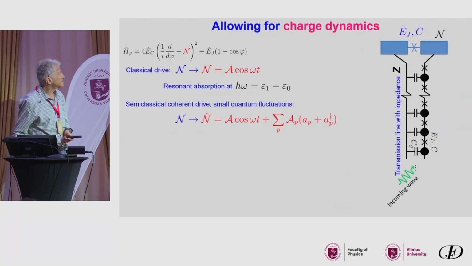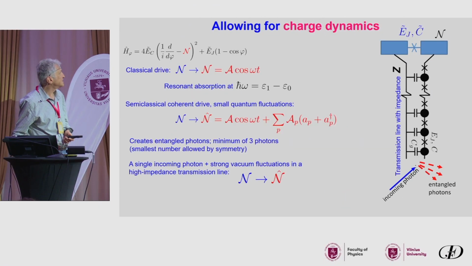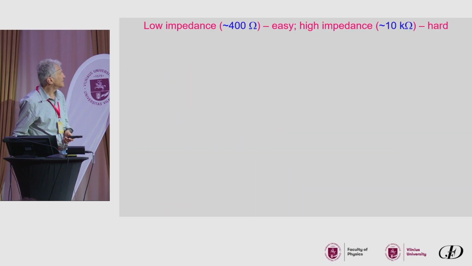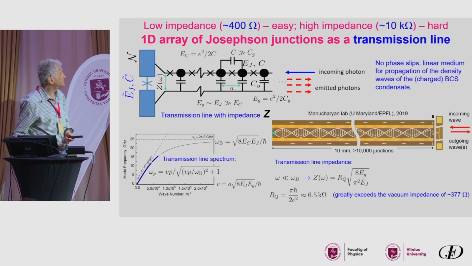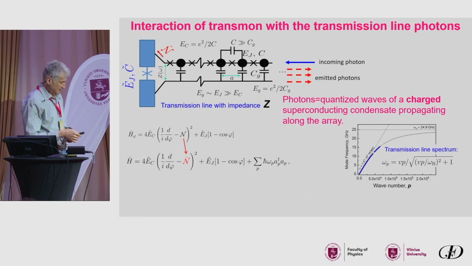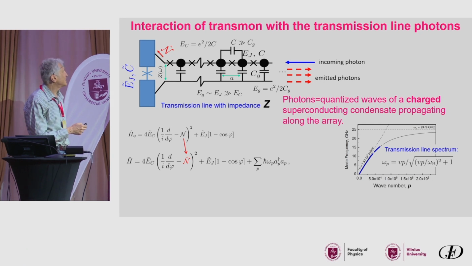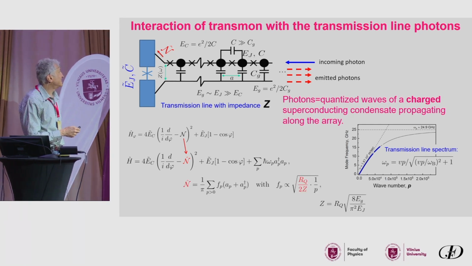Right. Yeah. So that's very simple, because basically this N is the charge delivered by the shift of the charge along the Josephson chain. And this charge can be expressed in terms of the harmonic oscillations of the charge in the system.